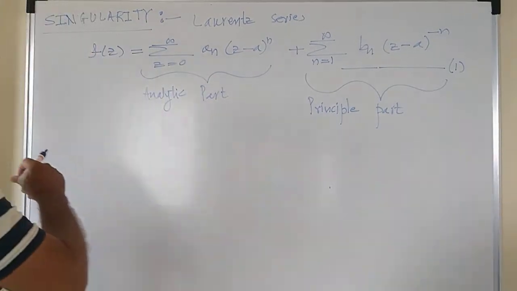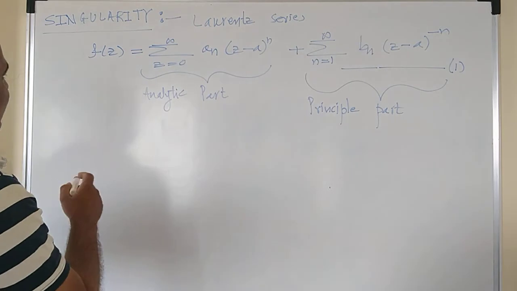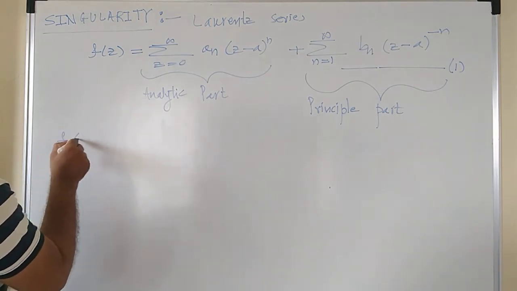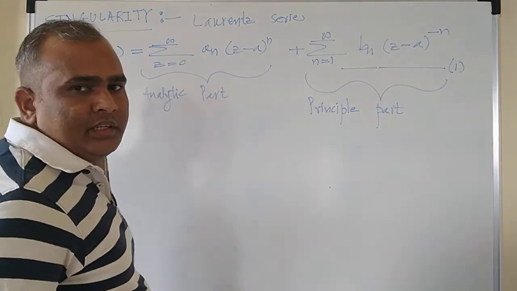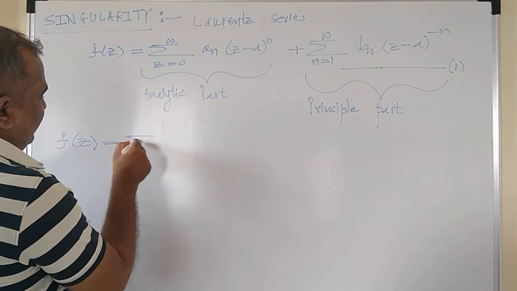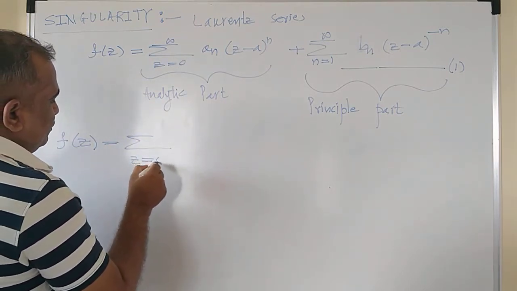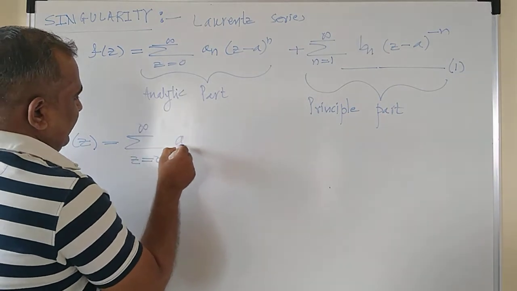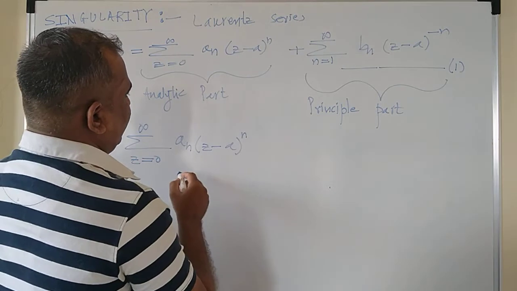Let's go to the first kind of singularity, and before that I will rewrite the above series once more so that I can explain the pole of order. We have already studied the pole of order in the last video, but still I will rewrite it. So summation n equals 0 to infinity a_n into (z minus a) raised to power n.